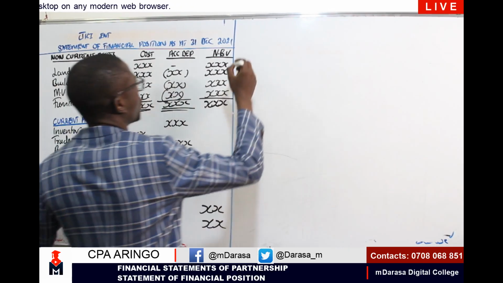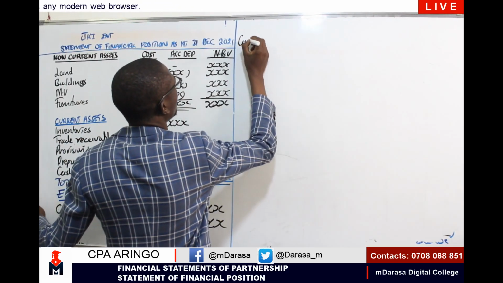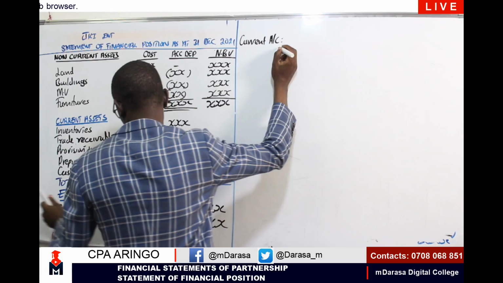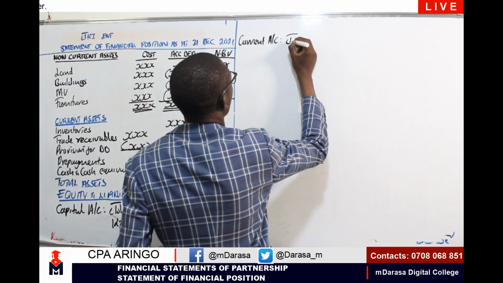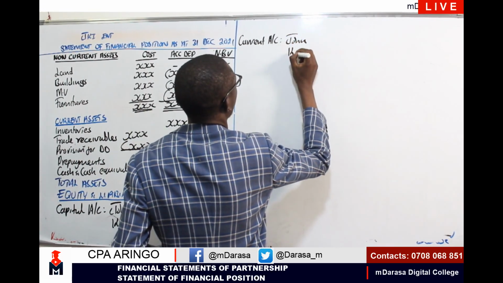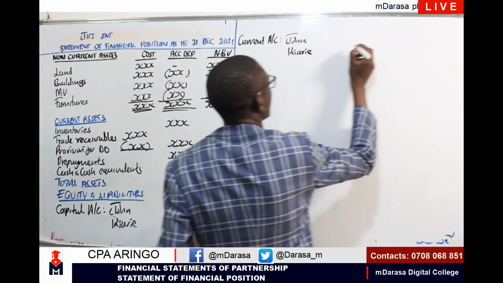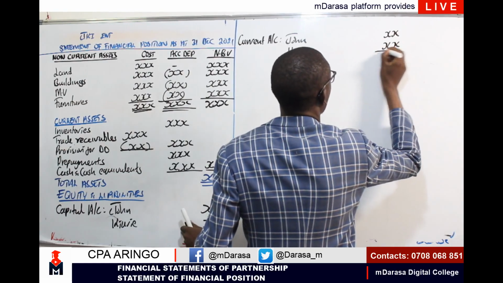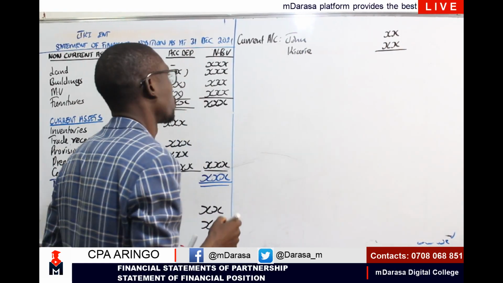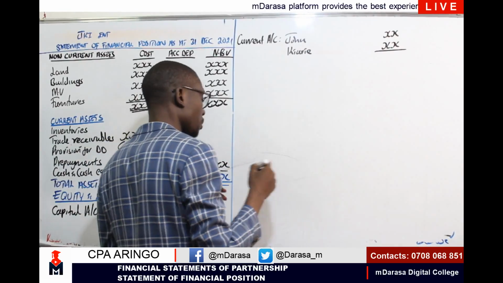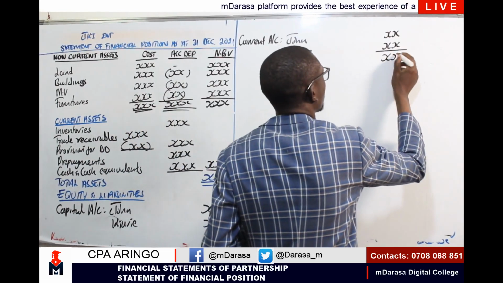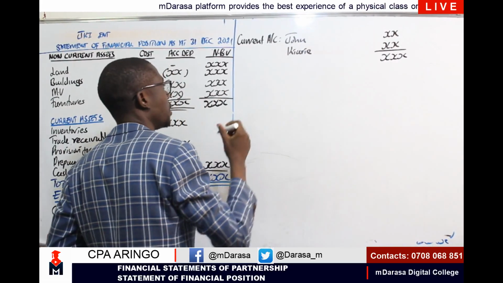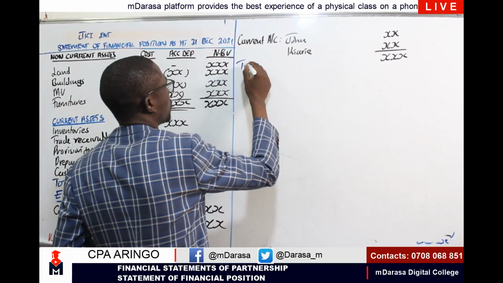Continuing, we're going to have our current account here, again for John and Kiarie. That should give us our total equity.